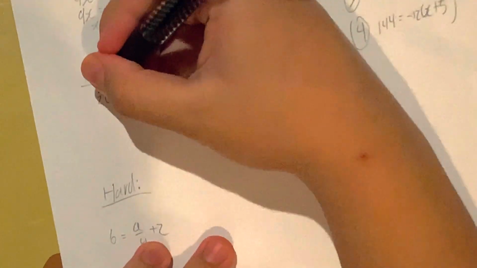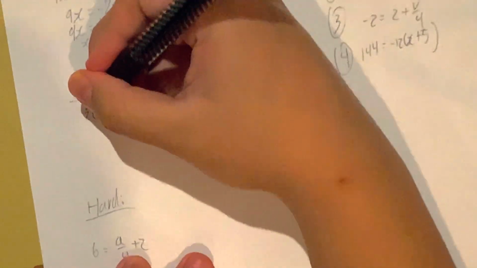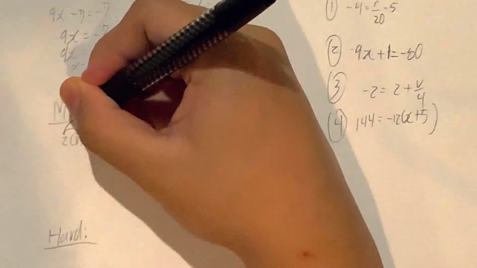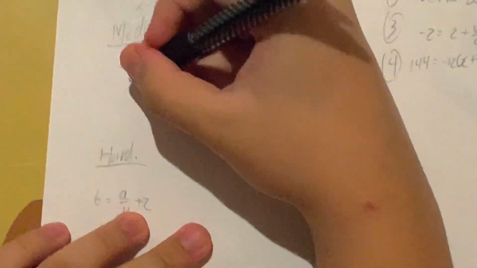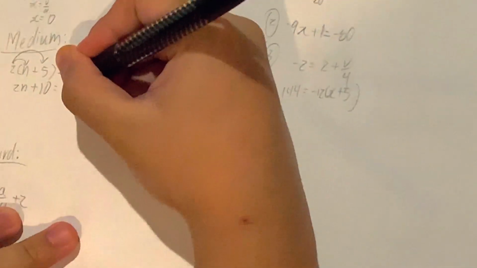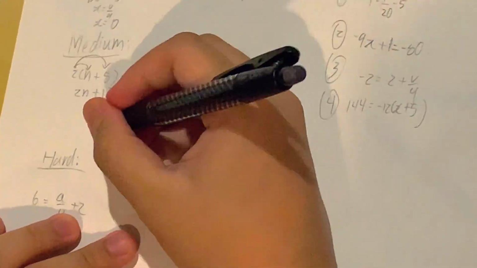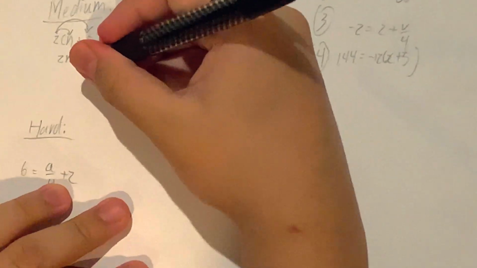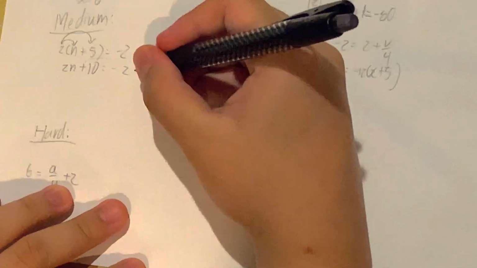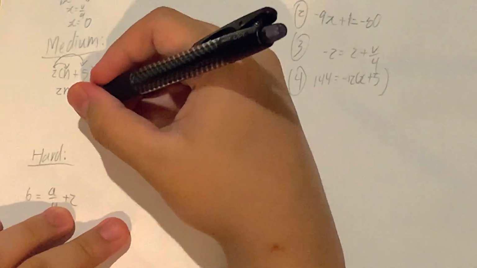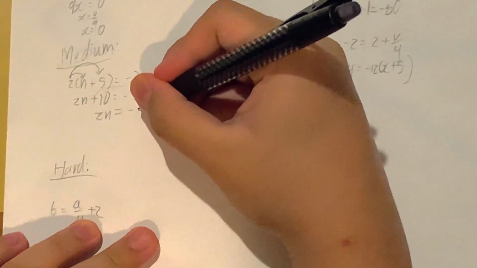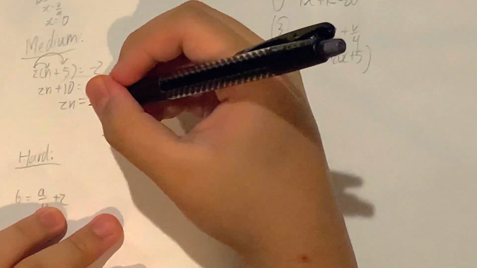Next we have to use a little of basic polynomial. So if there's a bracket here, what you're supposed to do is you have to multiply 2 times n and 2 times 5. So 2n plus 10 equals minus 2. So in here, if you guys remember, 10 will become minus 10 in here. So it's 2n equals minus 12.